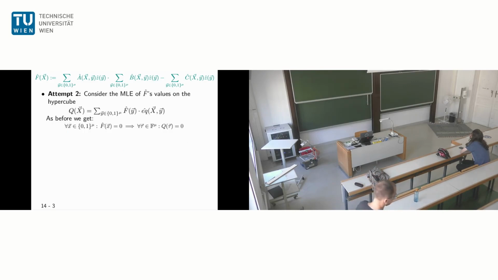So we need to do just one additional trick. Now let's look at this polynomial. This is the multilinear extension of the values of f over the hypercube. So we know what the values of f should be over the hypercube. Namely, who remembers? Yeah.